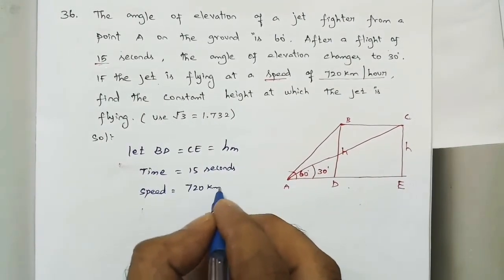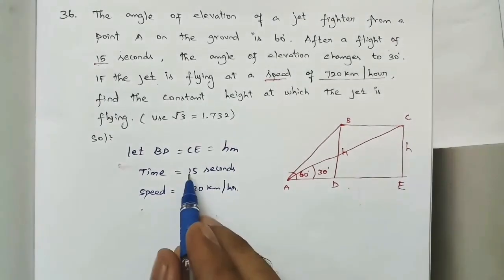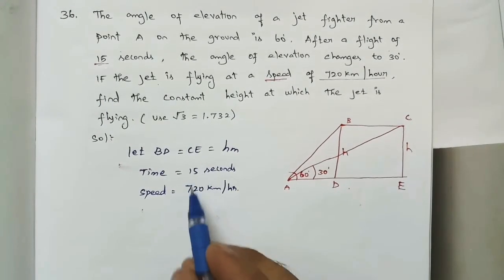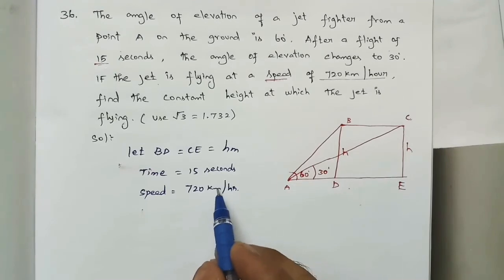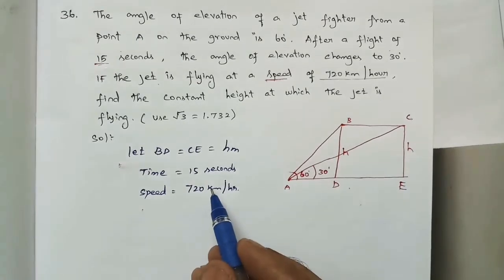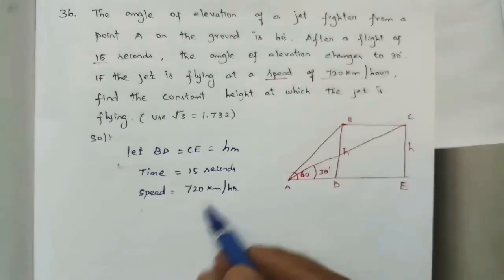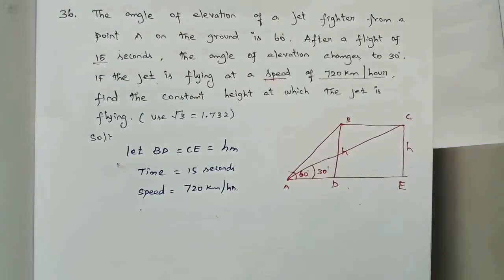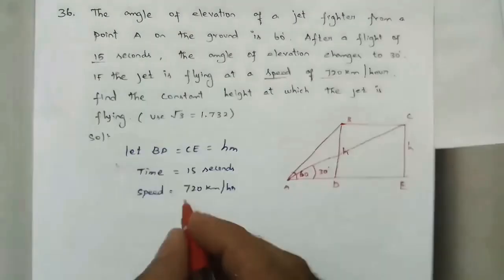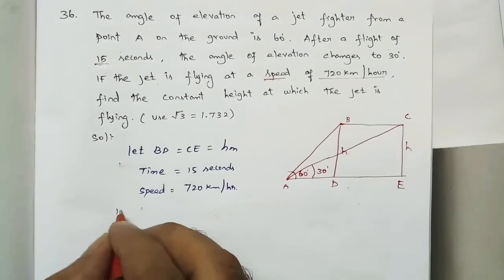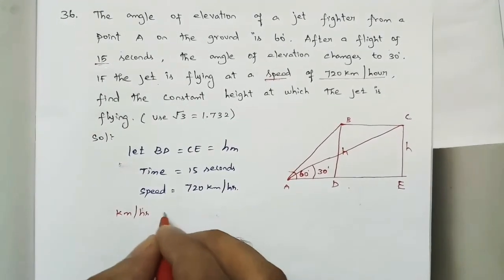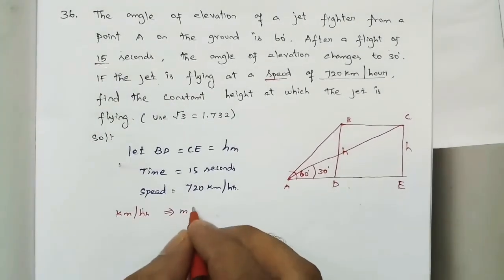The time is in seconds but the speed is in kilometer per hour, so better we convert kilometer per hour to meter per second, then it will be easy to simplify.